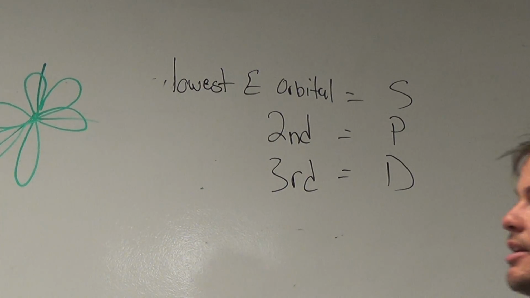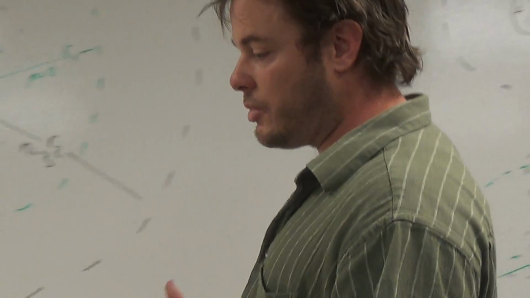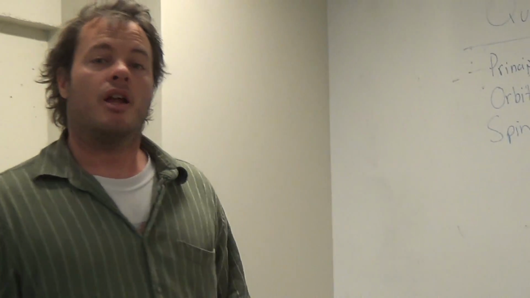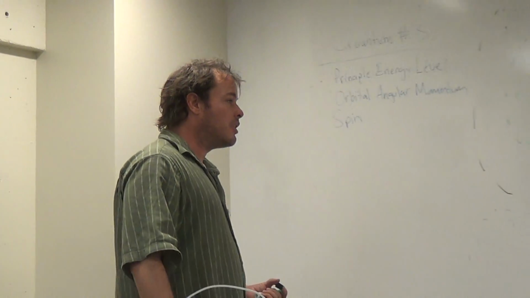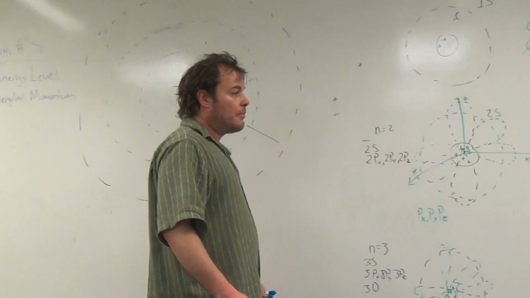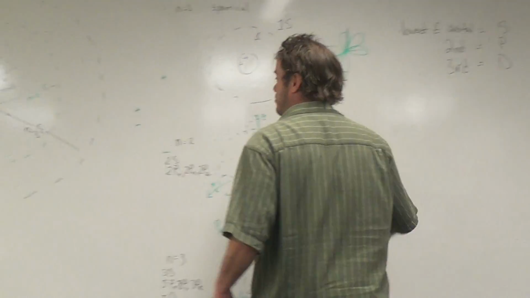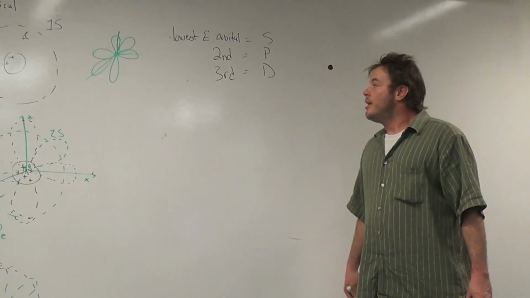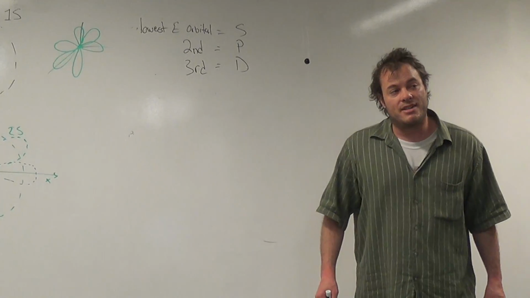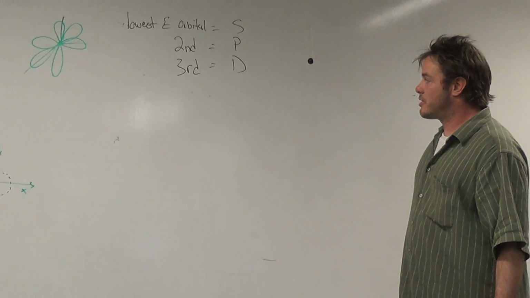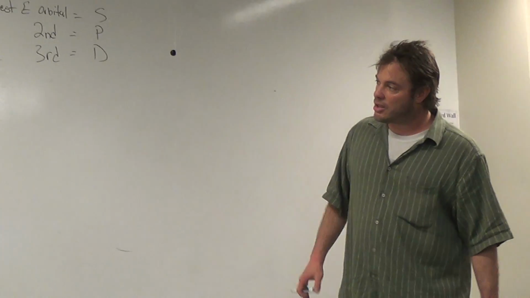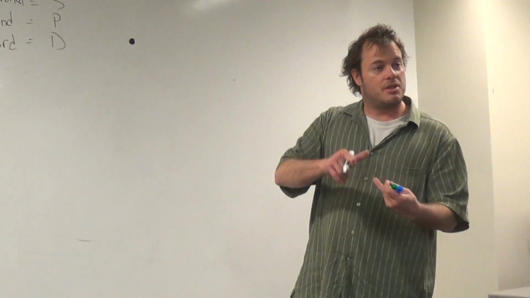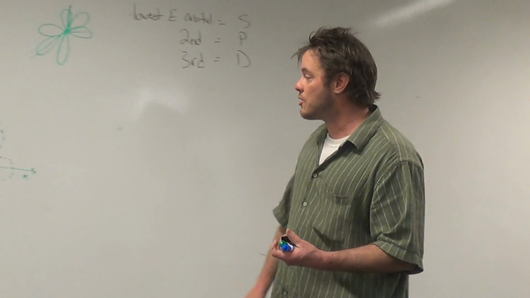The rule is that when you're putting electrons into these orbitals, they're always going to occupy the lowest energy orbital first. And so within one principal energy level, an s orbital would be filled first, followed by a p orbital, and then followed by a d orbital. There's a little bit of a twist to that that we're going to approach later, but for now just remember that lowest energy orbitals get filled first, s is the lowest, p is second, d is third place.